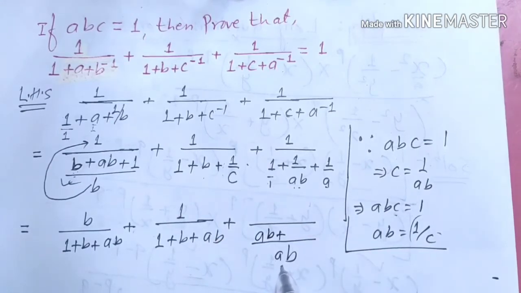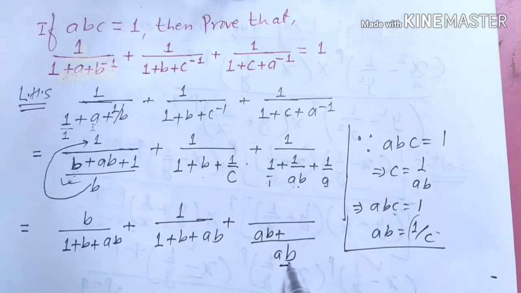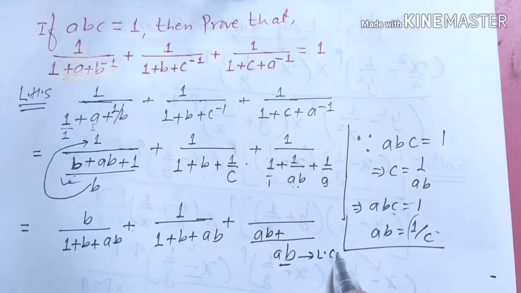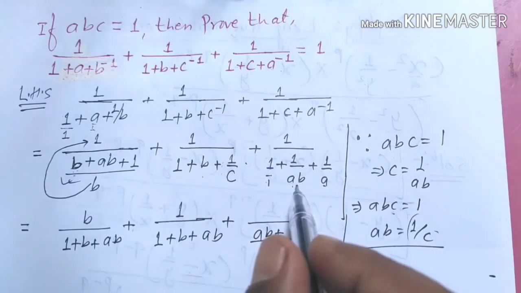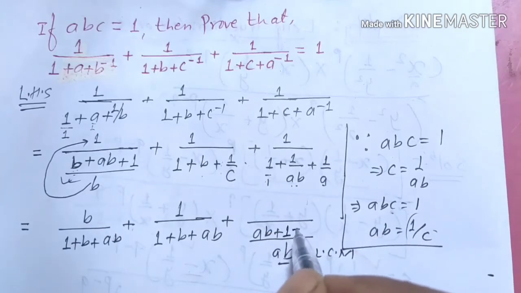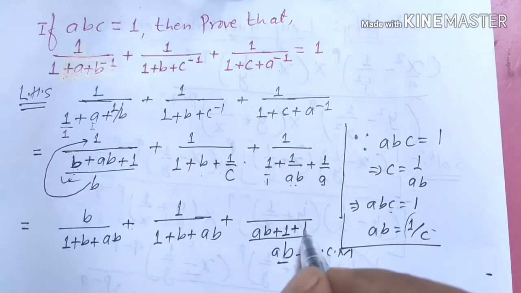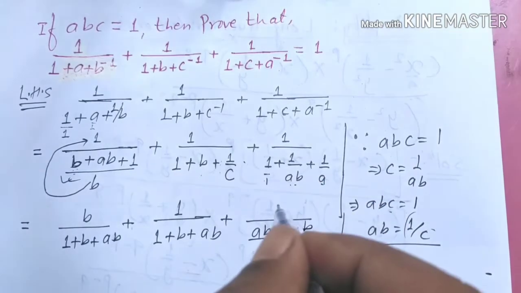Again, when this LCM AB is divided by AB, we will get 1. So 1 ones are 1. Again, when this LCM AB is divided by A, the remaining term will be only B, and this one is 1.